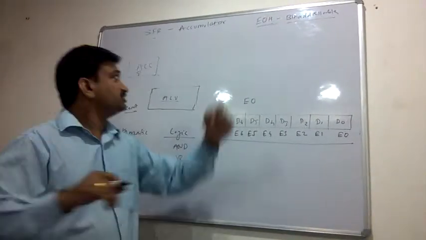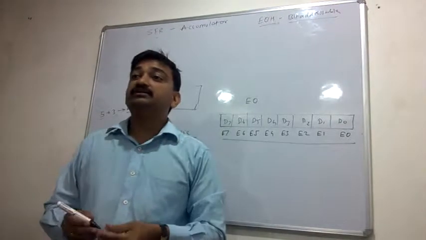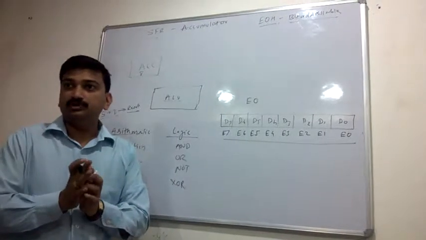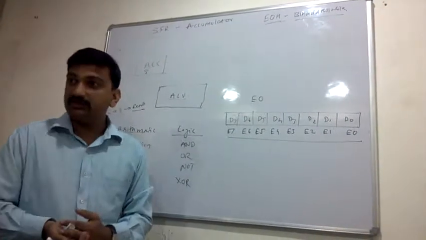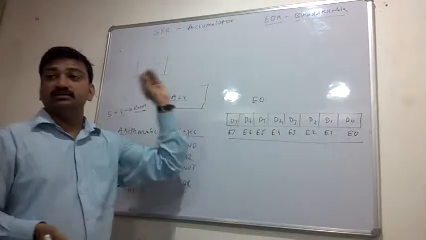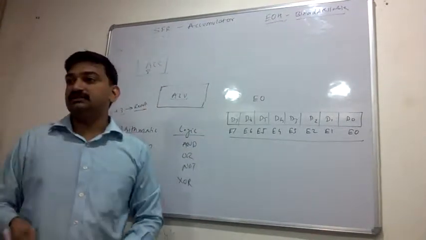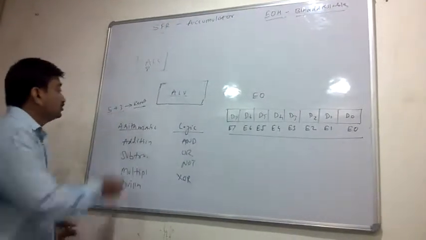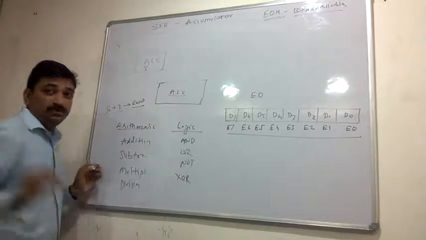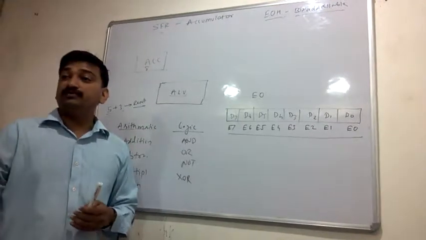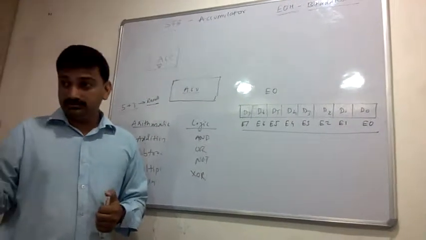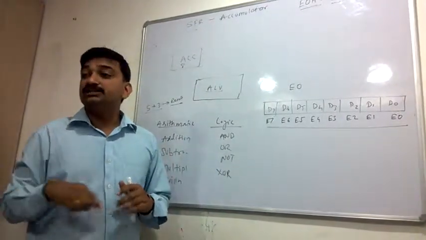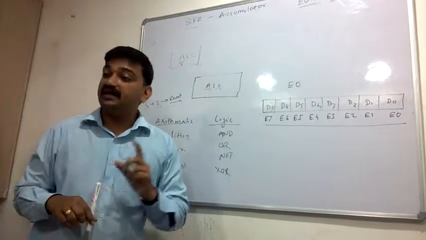What is a special function register? Special function registers are registers dedicated to a particular task. Its name itself explains that it is a special function register, or SFR. So what are the functions of the accumulator? There are two functions. First, to store the data, or one of the operands in arithmetic or logical operations, and the final result from the ALU is stored in the accumulator.